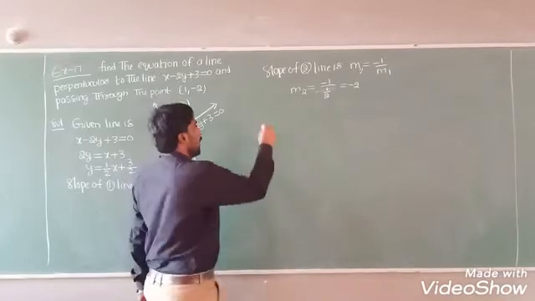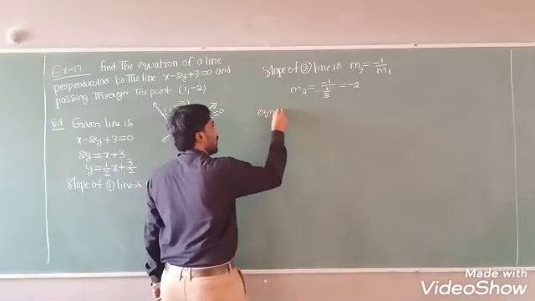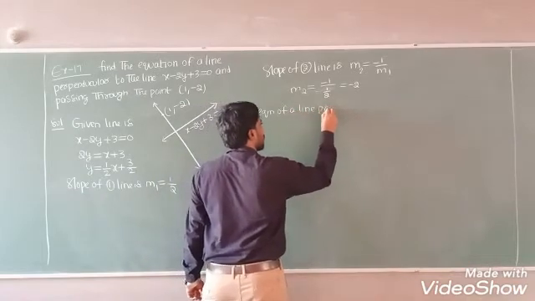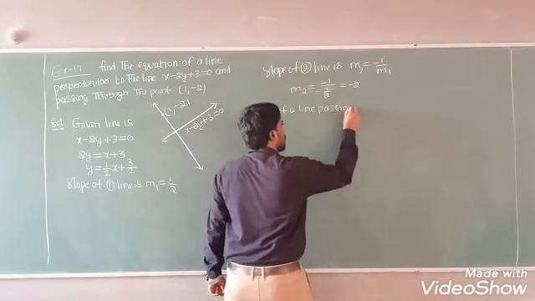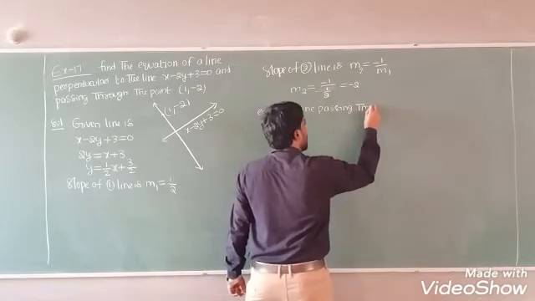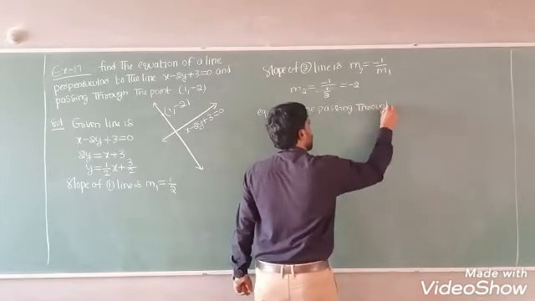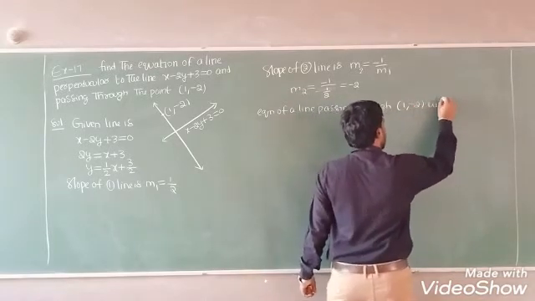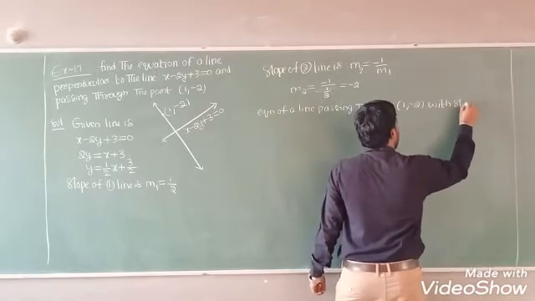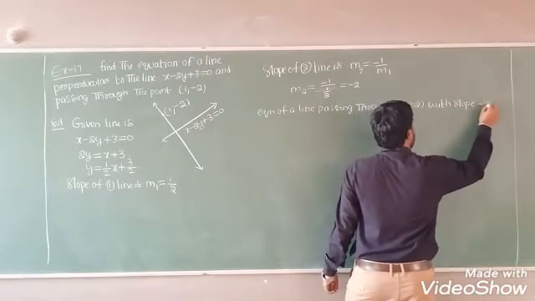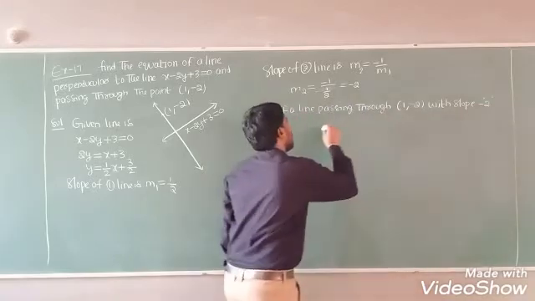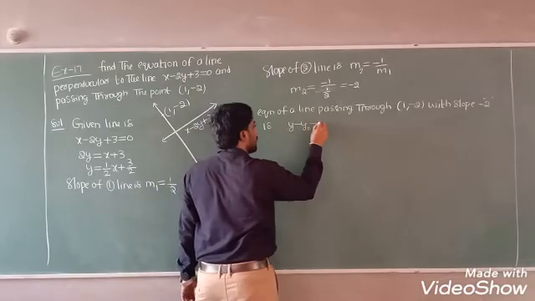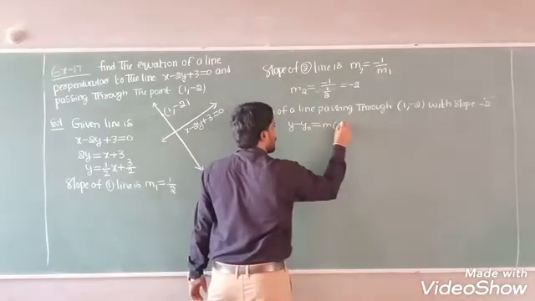Now the equation of a line passing through 1 comma minus 2 with the slope minus 2, the formula is y minus y0 equal to m into x minus x0.